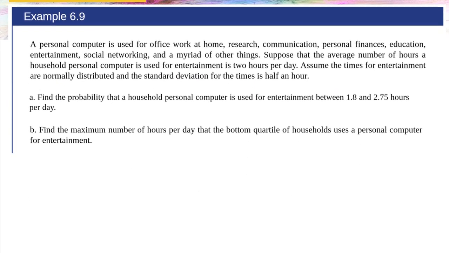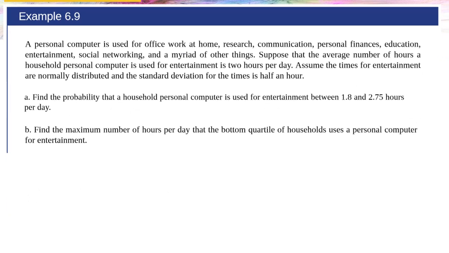Okay, so let's read through the example. Suppose that the average, that's keyword, number of hours a household's personal computer is used for entertainment is 2 hours per day. Assume that the times for entertainment are normally distributed. So we have a normal distribution. And the standard deviation for the times is half an hour.